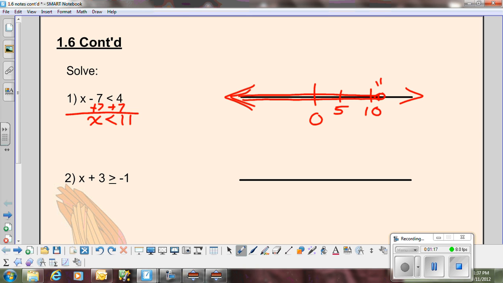So how about the next one? x plus 3 is greater than or equal to negative 1. What do I need to do? Minus 3. So I get x is greater than or equal to negative 4.